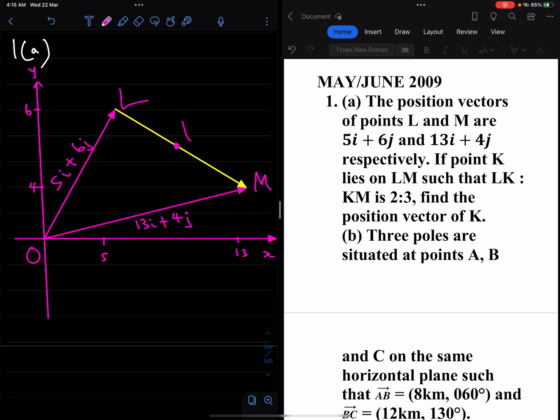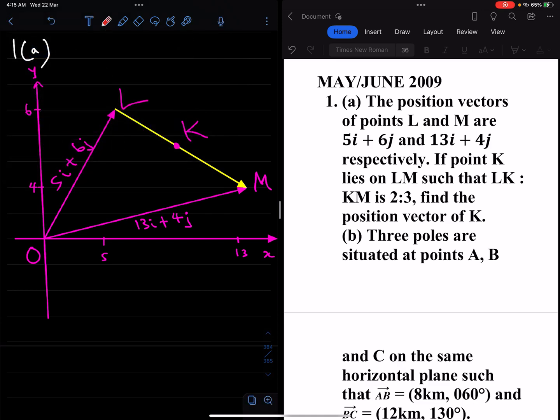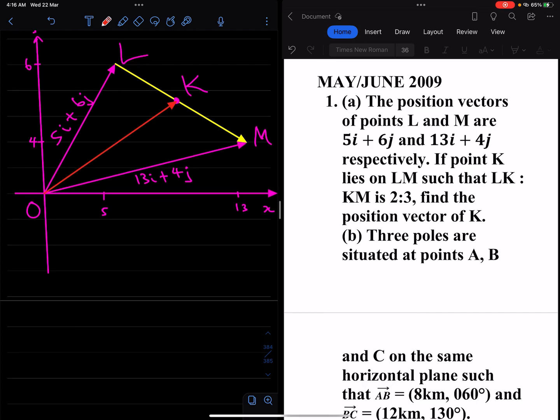Let this be point K, which is on LM, and it is such that the ratio LK to KM is 2 to 3. Now they want us to find the position vector of K. So let me make this the vector OK, which is the position vector of K. Now, how do we find the vector OK?